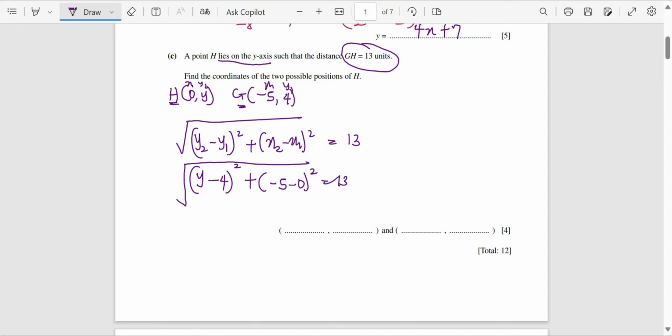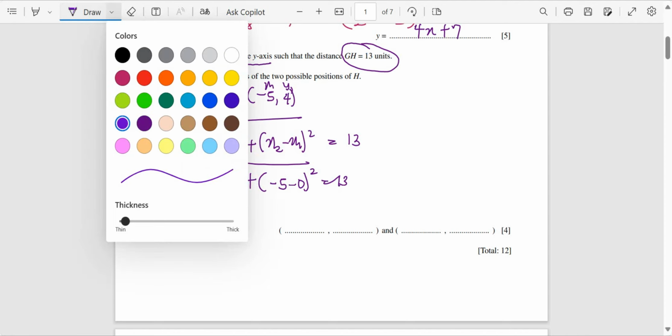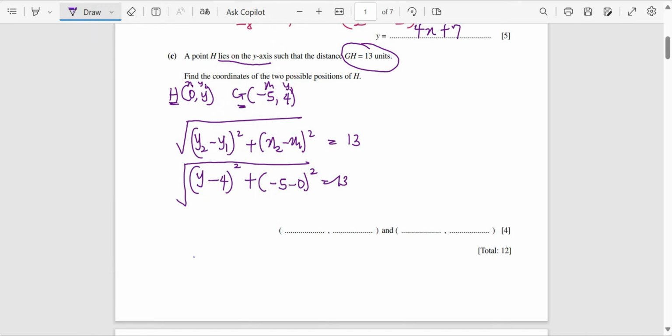So from here, I'm going to remove the square root sign and move it to the 13. By the time it gets to the 13, it becomes a square. So y minus 4 squared plus minus 5 squared, which is 25, equals 169.